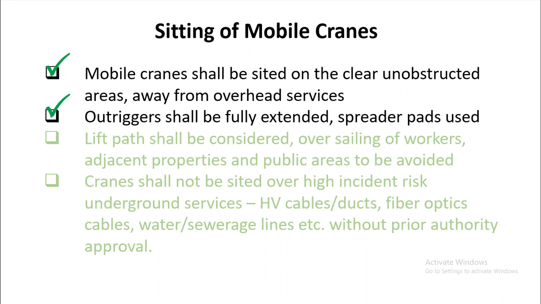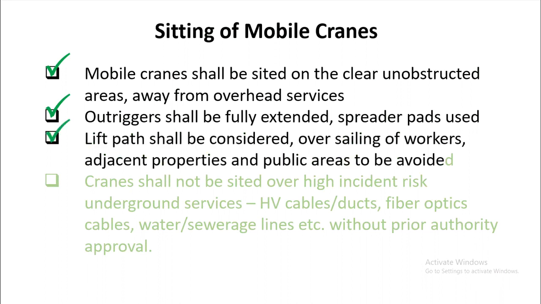These spreader pads are used to widen the concentration of the load on each outrigger, so that it will be stable and prevent each outrigger from sinking into the ground, if you are on a soil surface, or even a concrete surface. This will distribute the concentrated load of the outriggers on the ground.